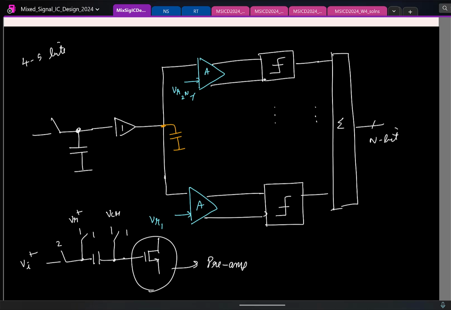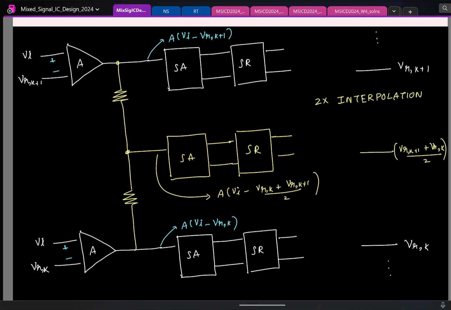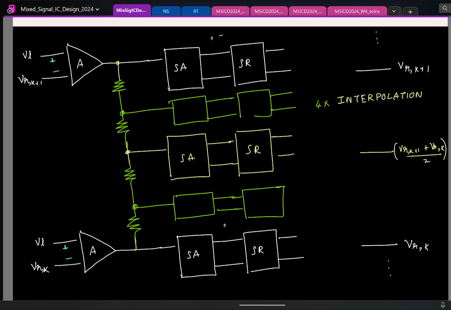But what do you think might be the limitation of this? Because it looks like I can keep doing this forever, right? I keep putting 1000 resistors, I can get anything. Well, let's say we can design something. It's not a problem.